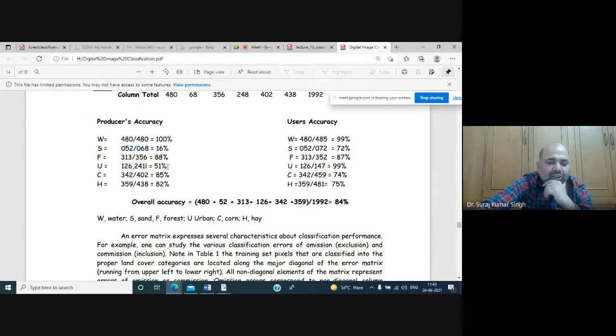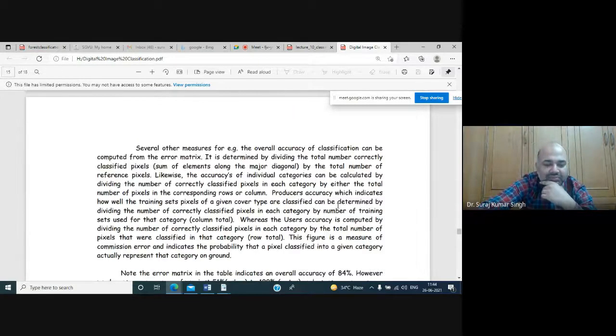So if you can improve the classification or the signature sites of these two classes, then your classification accuracy will improve. If it is now 84% and it increases to a higher percentage, the overall accuracy will automatically improve and it will be more than 90%.